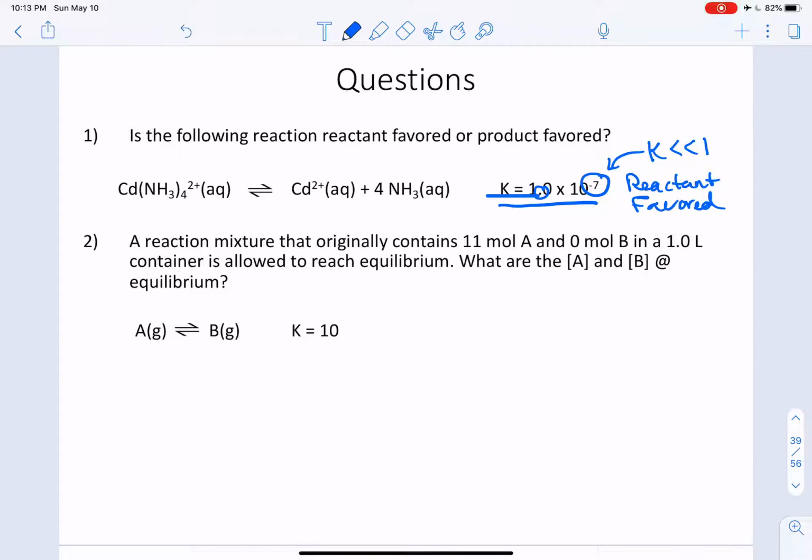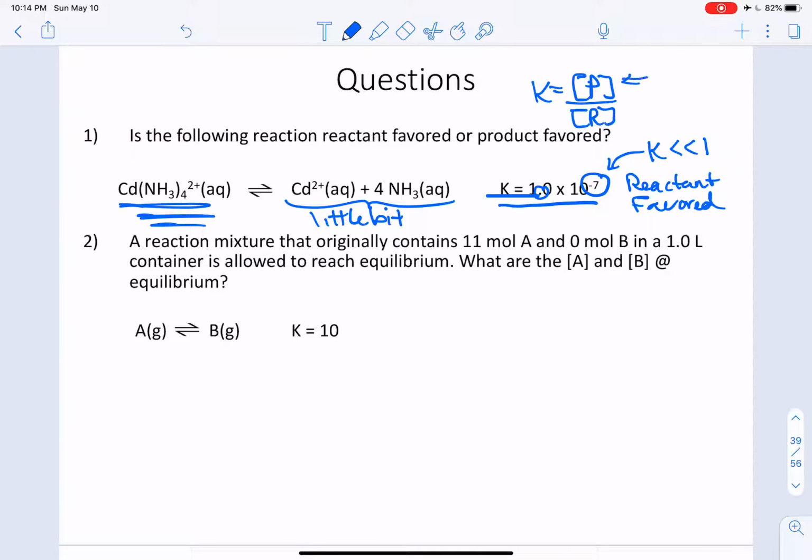That means that in solution, we've got a lot of this stuff sitting around, and we only have a little bit of this. Because remember, K is the concentration of product over the concentration of reactant.